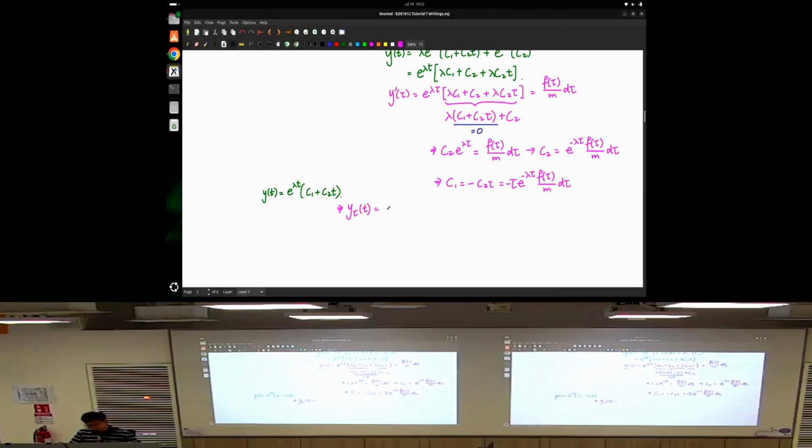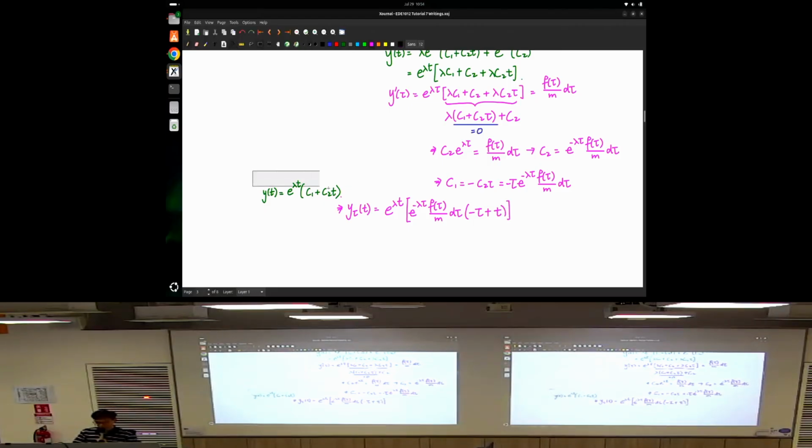So it will be e^(lambda t), but your c1 and c2 both have this e^(minus lambda tau) term. So put a big bracket, then c1 has a minus tau, then plus c2 t, where c2 is just this one, so it's just t.